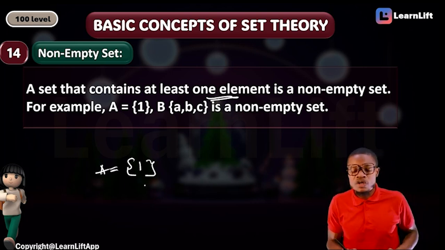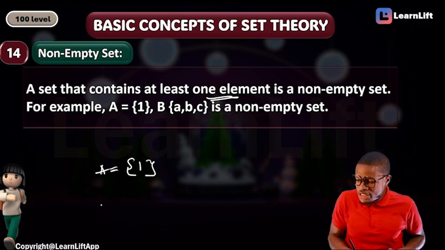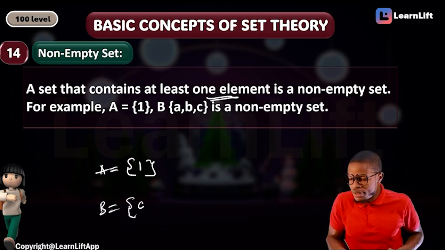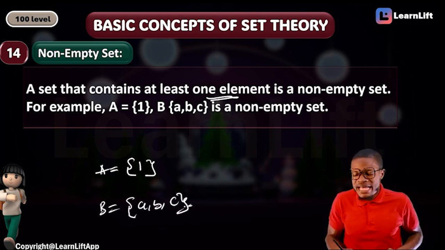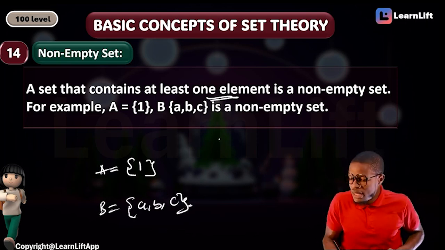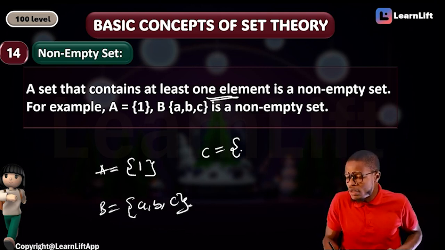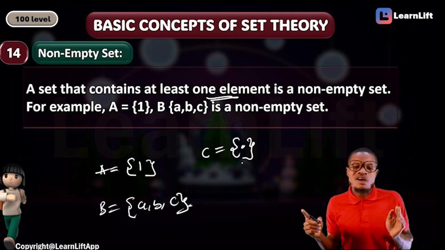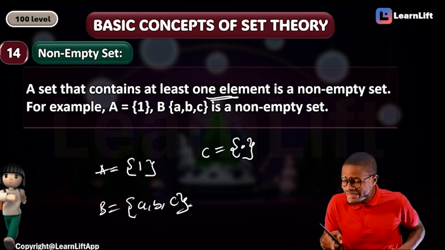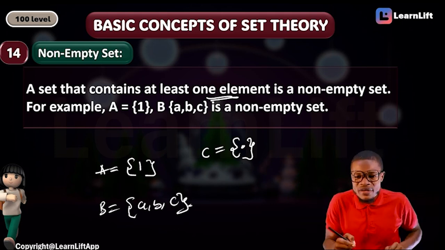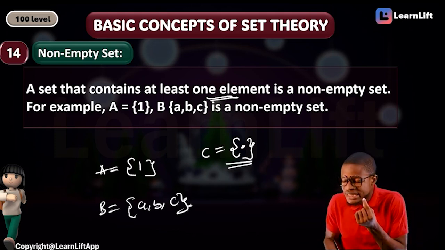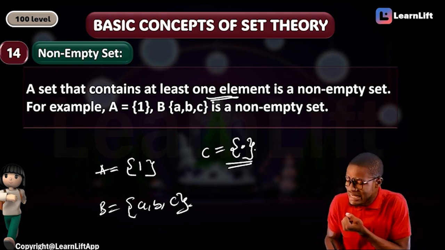Is this an empty set or non-empty set? Non-empty set. Set B is {A, B, C}. Is it empty or non-empty? Non-empty set. Set C, for example, contains one element, and that is a dot, so it is a non-empty set.